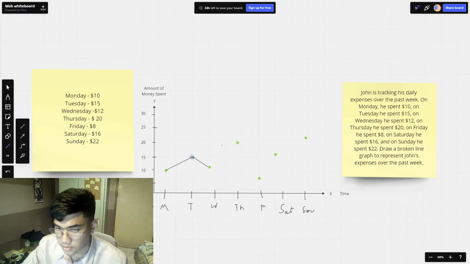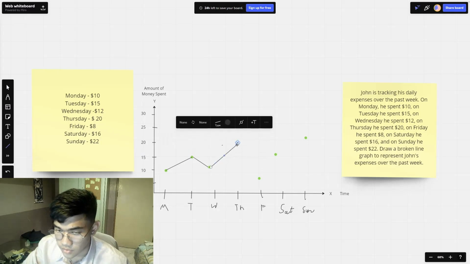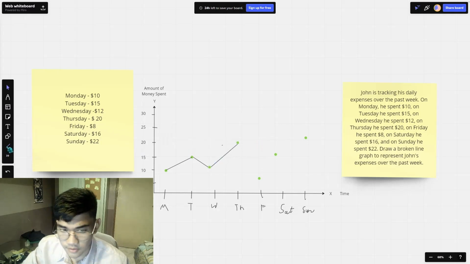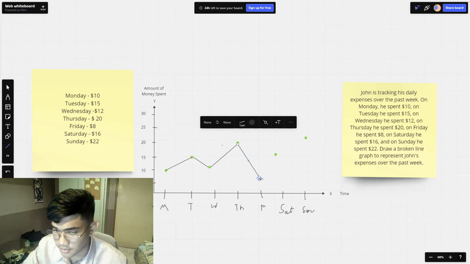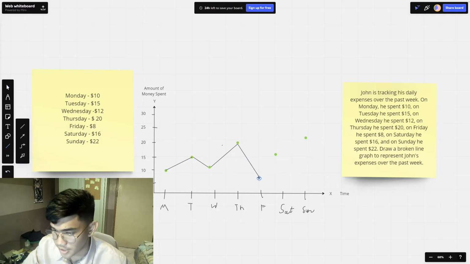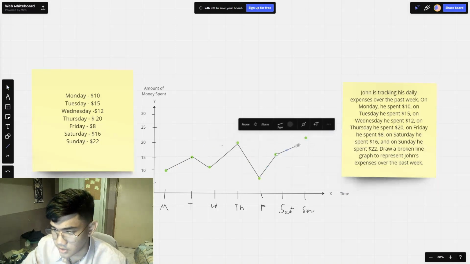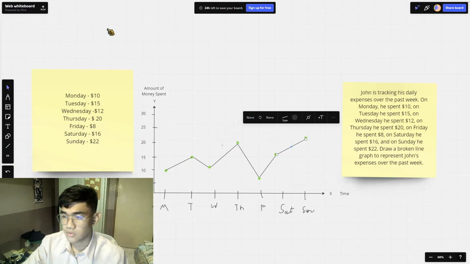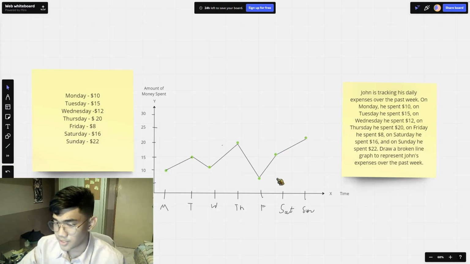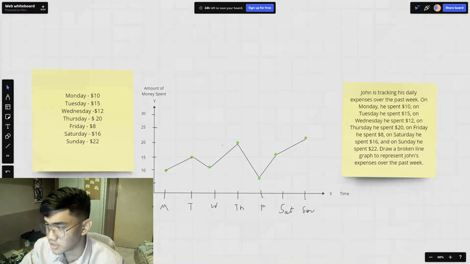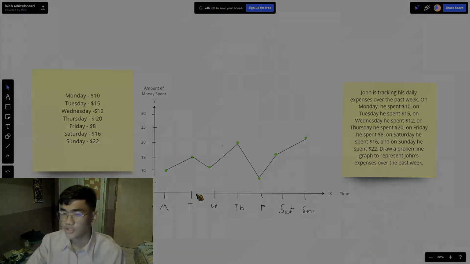Then Wednesday to Thursday, Thursday to Friday, Friday to Saturday, and then Saturday to Sunday. So there it is. We have completed our broken line graph, and we have placed in graph form the amount of money that John spent over the past week. So that is all. Thank you for listening.